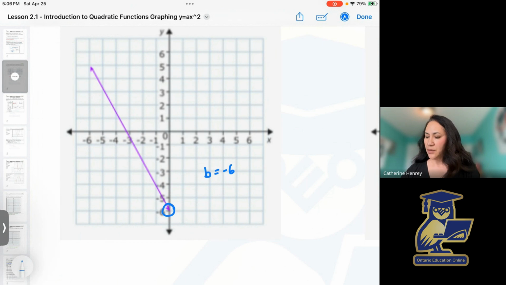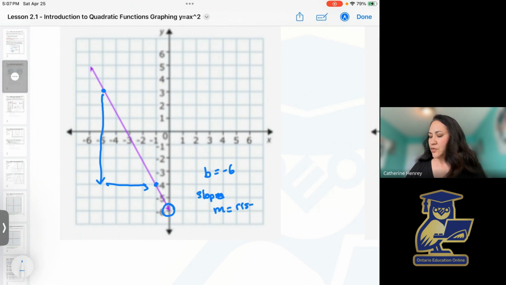So let's possibly use this point and this point. So we want to count the rise and the run, because the slope m is equal to the rise over the run on a graph.